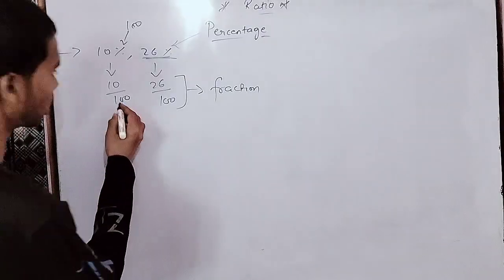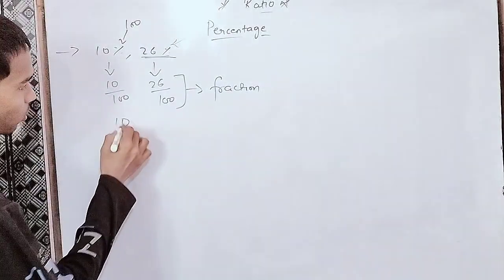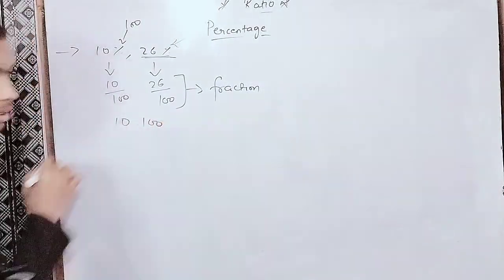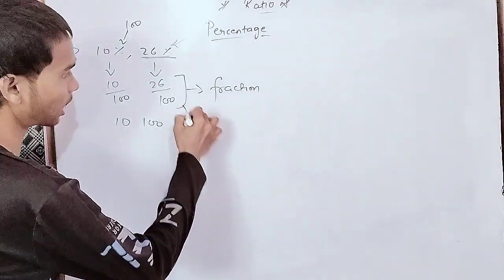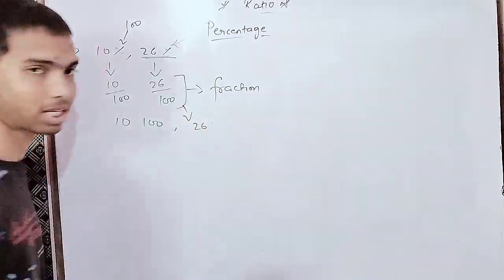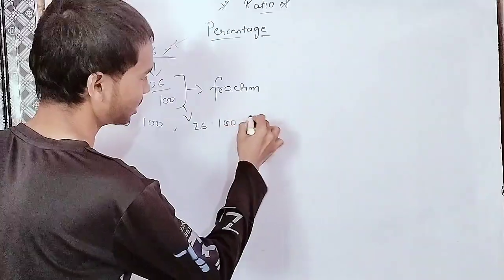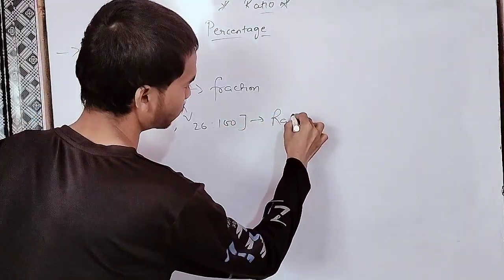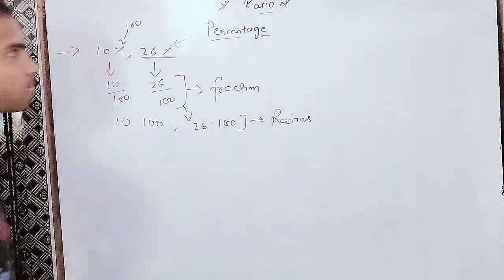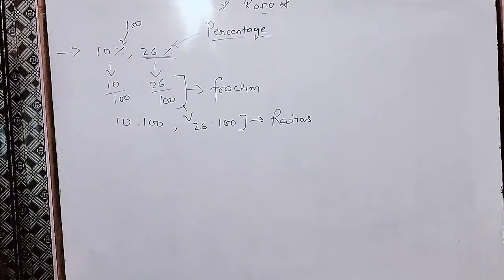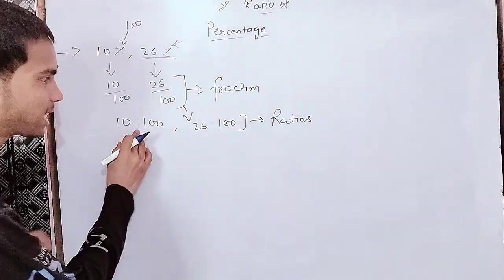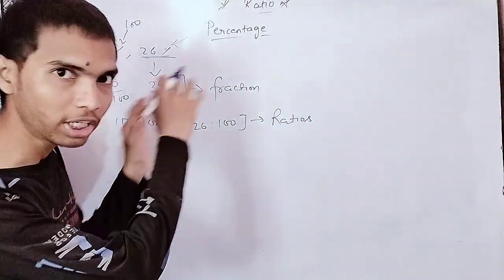Clear? Now if it is a fraction, it can be written like this, 26 is to 100, which is a ratio. But this ratio is not in its lowest form.